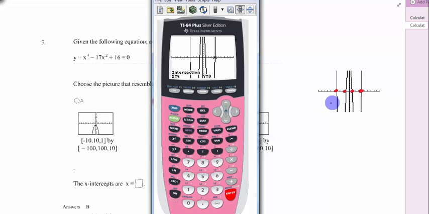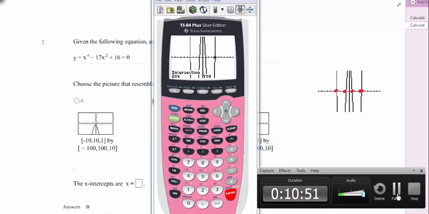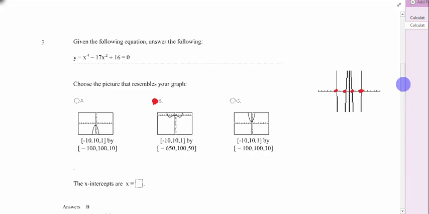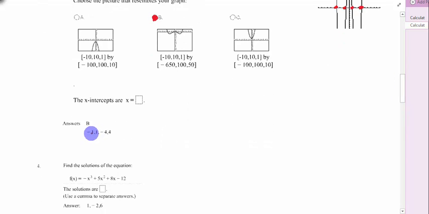All right, and that is the 4. So we got that one was 4, and then you would repeat that process, and you would go get this one and this one by doing second calc 5 and moving back around the graph to get near those. And you should get -1, 1, -4, 4, and that would get you those 4.